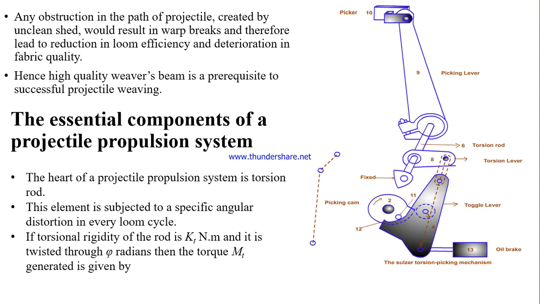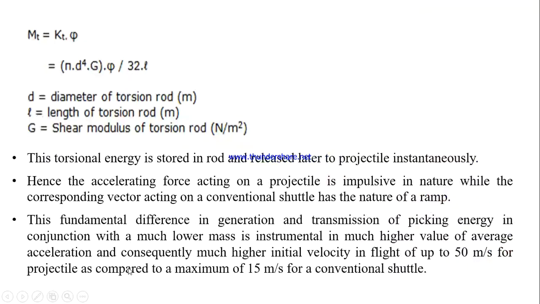This fixed specific angular distortion is required. If the torsional rigidity of the rod is kT Newton meter and it is twisted through an angle phi radian, then the torque Mt generated is given by this equation, Mt equal to kT into phi. This is the well-known formula.